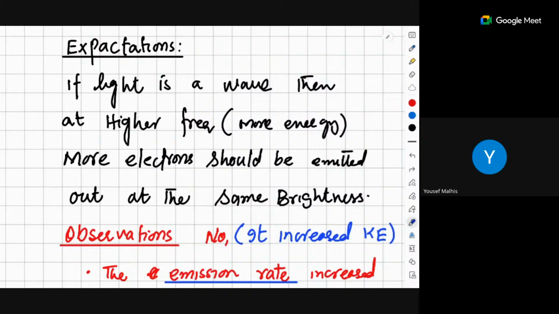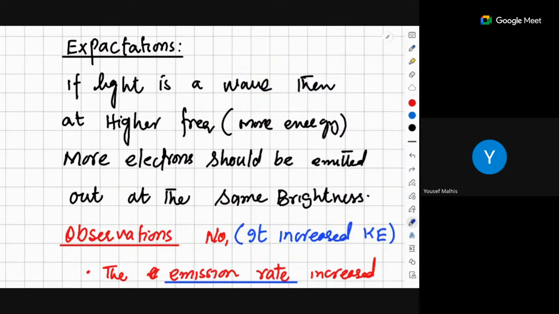Emission just started at very high frequency, meaning the metals need more energy. So that was one of the expectations. The second expectation was that if it happened, then when you increase the frequency, there should be more electrons emitted. Emission of electrons should be more. This was the second expectation.